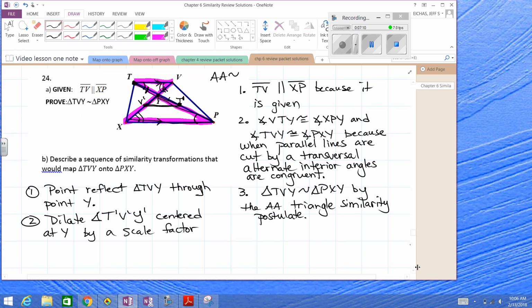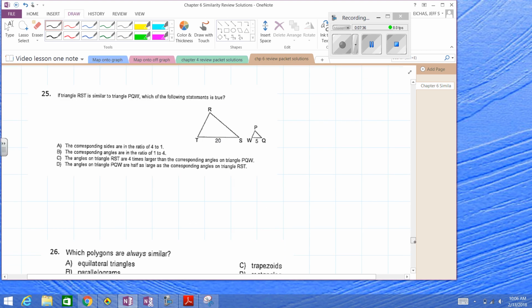So we're going to want to put a bigger number over a smaller number. I'm going to go image, which is YP, over pre-image, which is YT prime. That's going to make it bigger. So recognize that you have to enlarge this smaller triangle, so you have to use a scale factor that's bigger than 1. All right, that's going to do it.